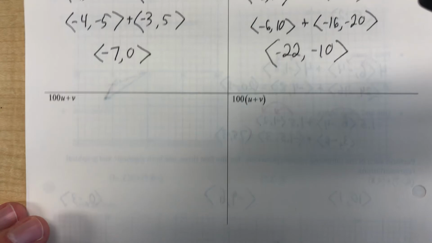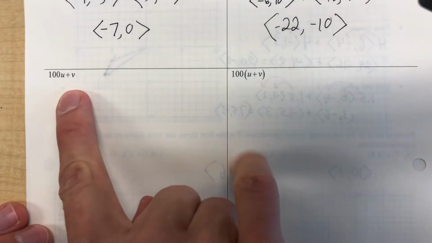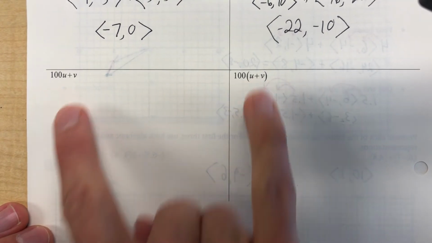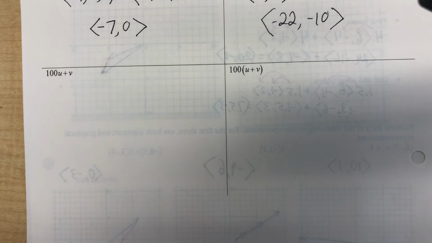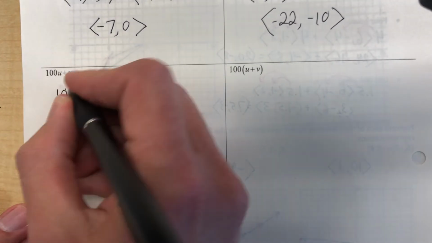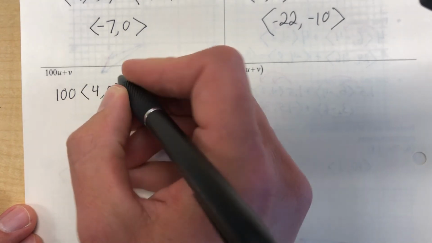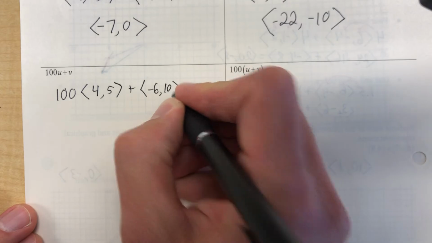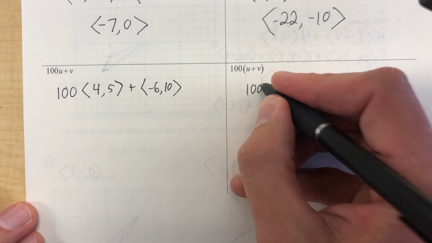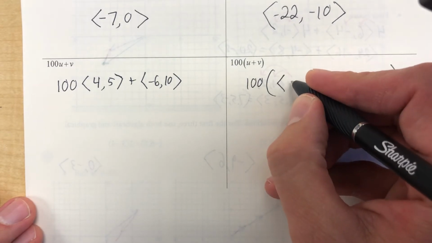There it goes. All right, 100u plus v, and let's actually compare it with this one, 100 times u plus v. There's a difference in what's being distributed and where it's being distributed to. Well, not a difference in what's being distributed, but there is a difference in where it's going. So this is 100u plus v. And then this one is 100, and then we'll just put some big parentheses here and we'll add u plus v.